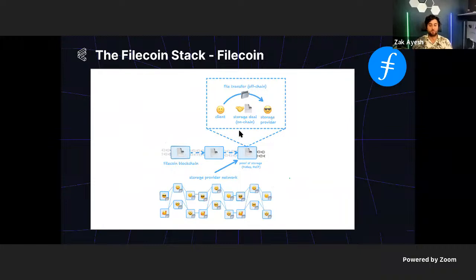And this is acting as a middle layer between these storage providers and clients who want to store data with these storage providers, right? So a storage deal is made on chain, and this crypto economically incentivizes these storage providers to store data and gives clients a way to store data in this more decentralized environment.